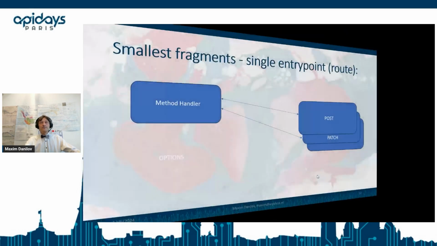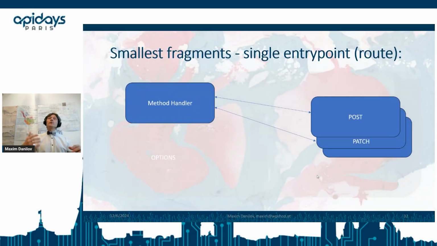In this case, the smallest fragment which you can find in OpenAPI documentation is a description of a single entry point or single route. Usually it's implemented so that we have a method handler which chooses a view according to the request method. For example, we have a method handler for the request method POST, or we have a method handler for the request method PATCH.